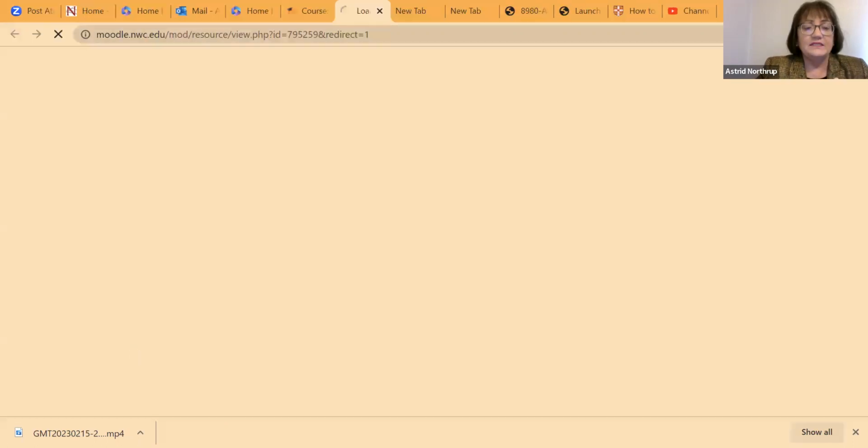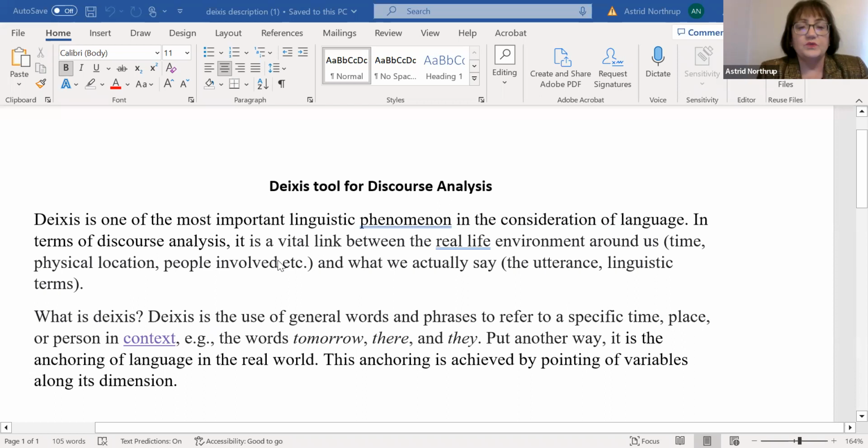But having said that, let's take a look for just a minute at the description of what a Deixis tool is. Deixis is how it's really pronounced, although I always say Dexus because, well, I'm from Montana and that's my context. So the Deixis tool, as it says here, is one of the most important linguistic phenomena in consideration of language.